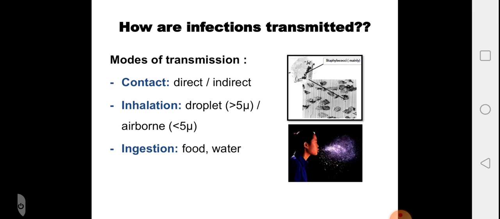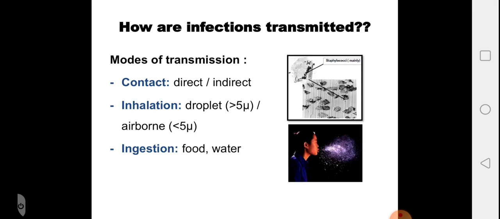Whereas airborne droplets, which are less than 5 microns, remain suspended in the air, and they are the source of airborne infections like Mycobacterium, measles, and varicella zoster viruses.